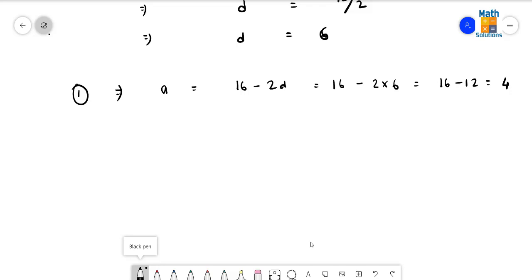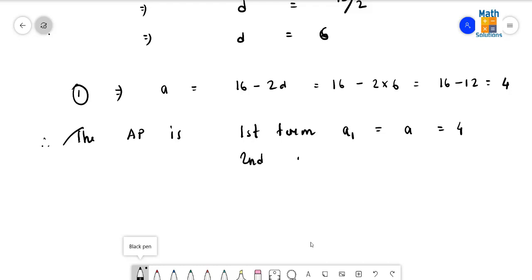Now we have to calculate the terms of this AP, means determine the AP. The AP we have to construct. Therefore the AP is: first term, that means A1, we can say A1 is equal to A, that is equal to 4.